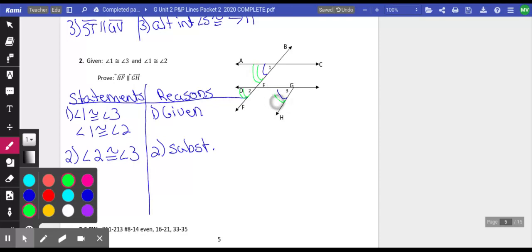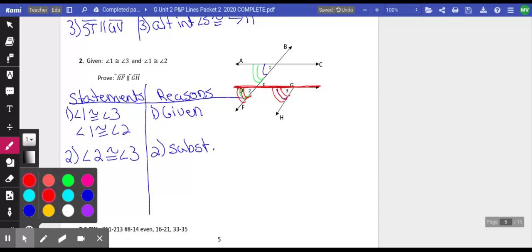So what's really important for our problem is what we just said, that 2 is congruent to 3. So now if we're looking at 2 is congruent to 3, we see that they're both on this line FG. So FG is our transversal.